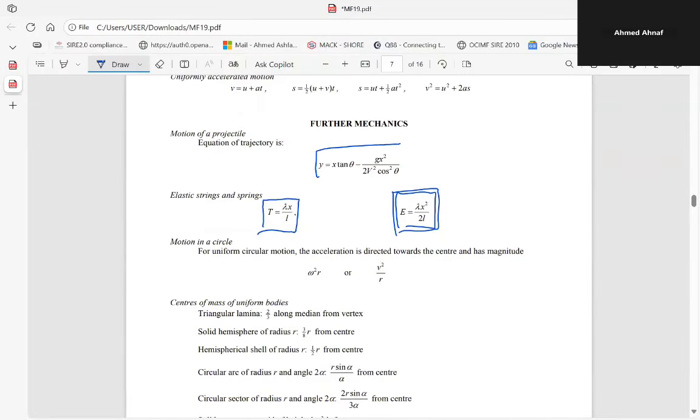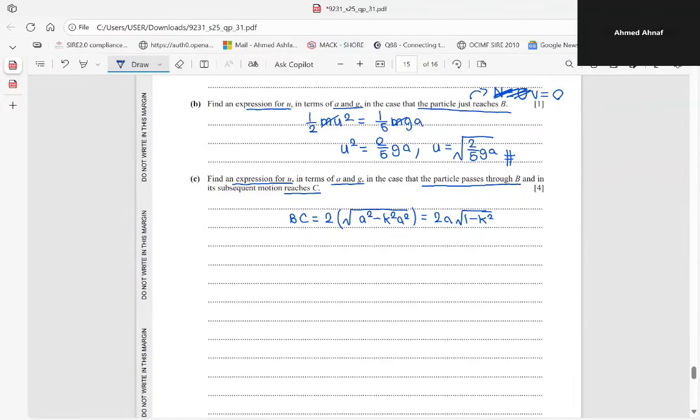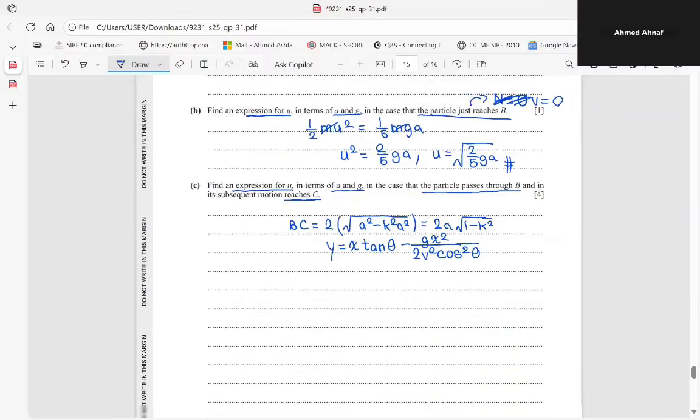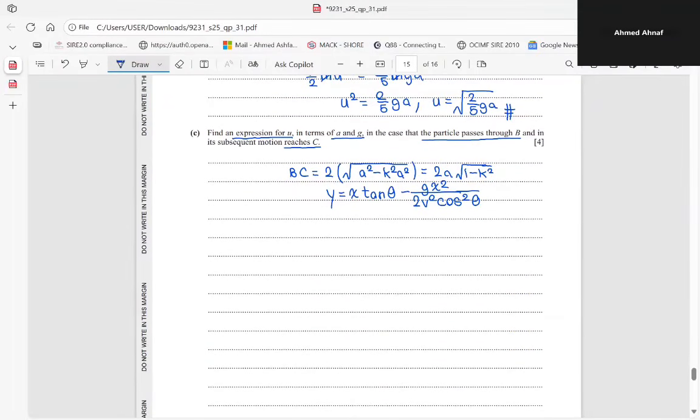So this is our equation of trajectory: y equals x tangent theta minus g x squared over 2v squared cosine squared theta. Let's copy it down. Let's substitute y equals 0 and x equals this.